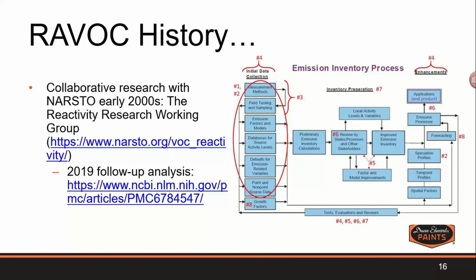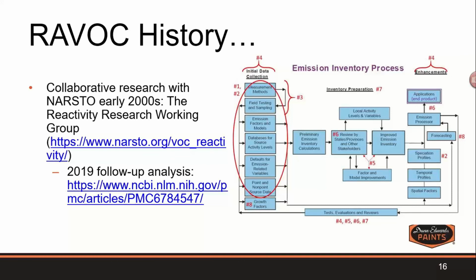So before we go into actually testing for RAVOC specifically and how it can be used by manufacturers to improve and to educate people, I want to go into the history of RAVOC because it isn't a new theory. It's just one that's sort of been pushed to the back burner.